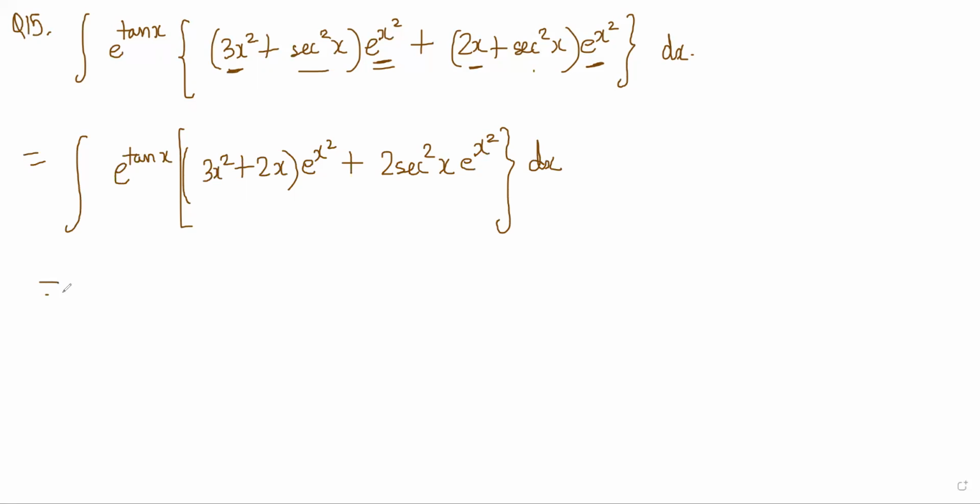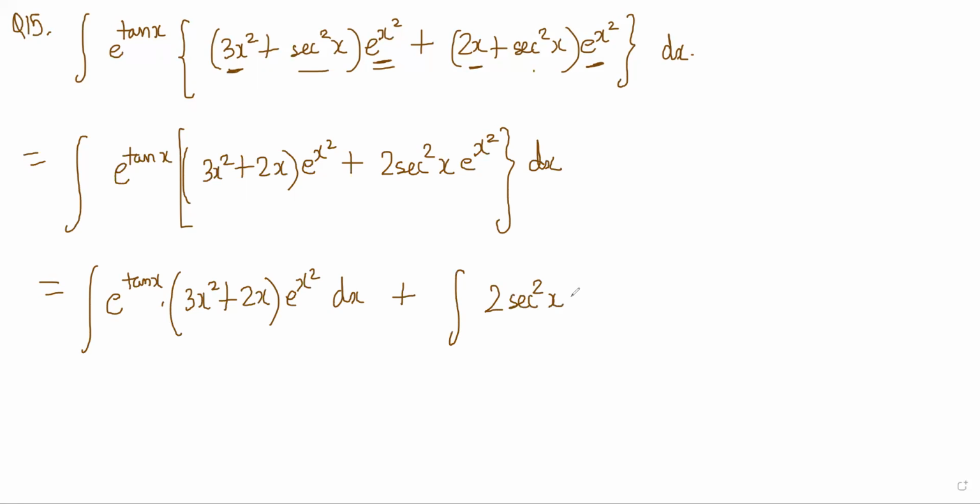Okay, so we have this integral of e^tan x multiplied by (3x^2 plus 2x) e^(x^2) dx, plus we have another integral 2 sec^2 x e^(x^2) dx, right? We have two separate integrals here. Let's try to do this one first. So here, this can only be done by integration by parts. So we will try to do it by integration by parts.